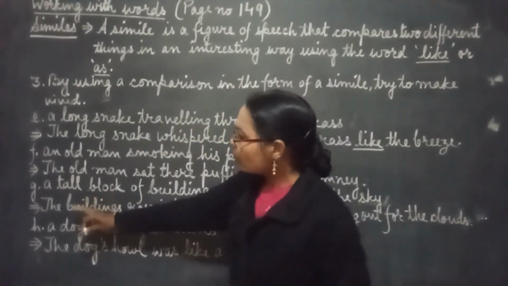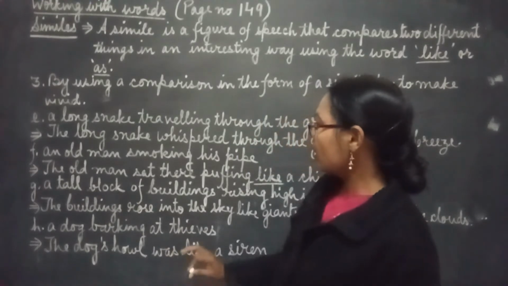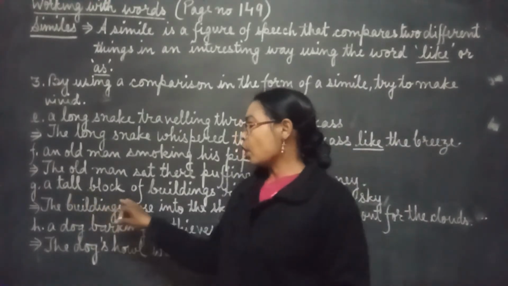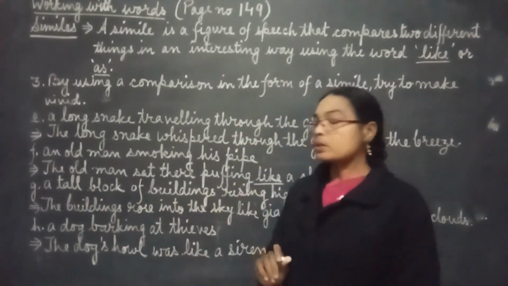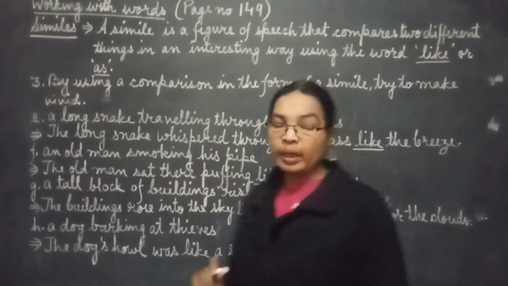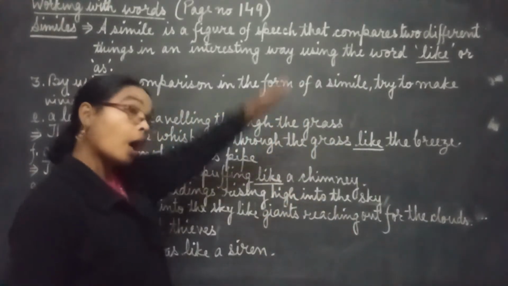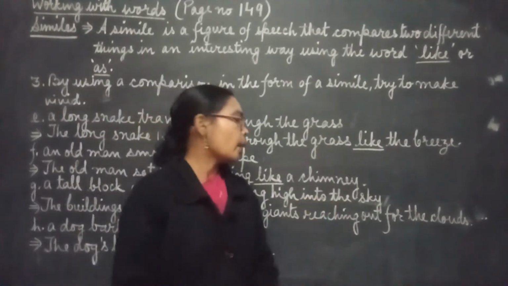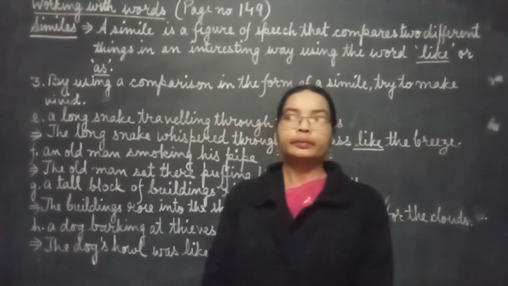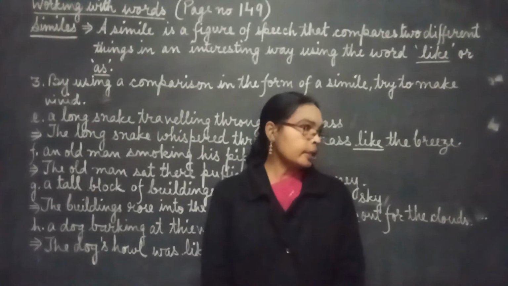Alright. Now come to our number G. A tall block of buildings rising high into the sky. High buildings are there.